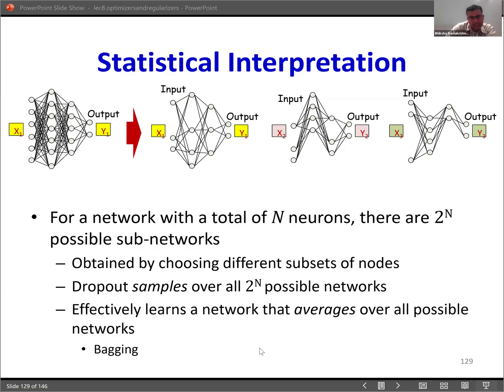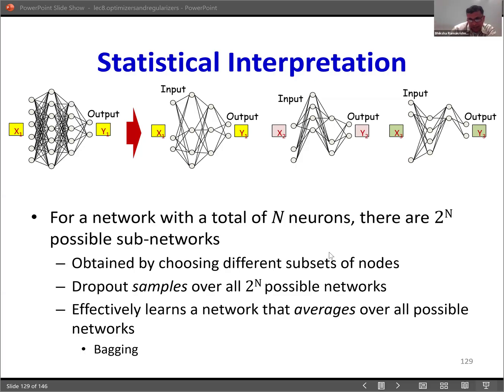So effectively, this is like bagging. You start with a network, but then you implicitly compose 2 raised to n different networks simply by turning different neurons on and off. And for each training instance, you randomly pick one of these 2 raised to n networks and use this.